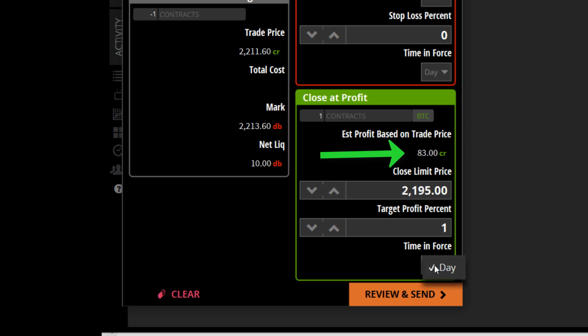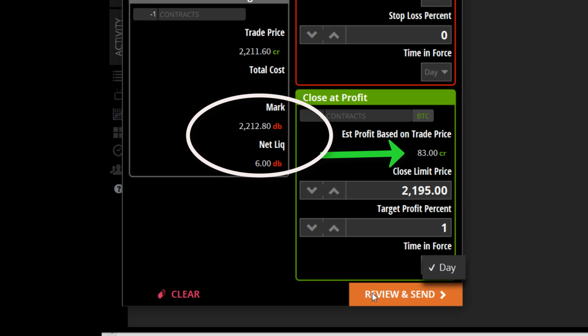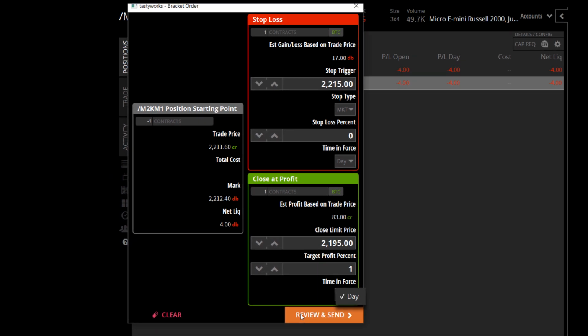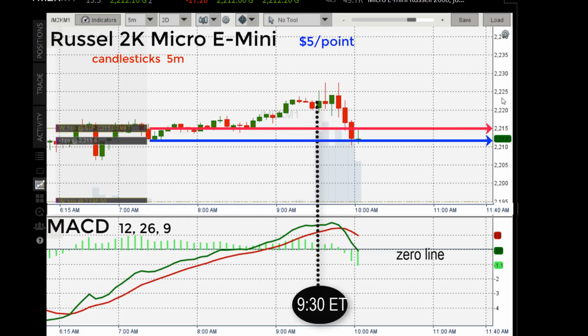And I arbitrarily pick a target price of 2195. No particular reason on that. And you see I'm down about $4 in the trade so far, and we're underway here. You see my stop up there at 2215 and my short at 2211.60.